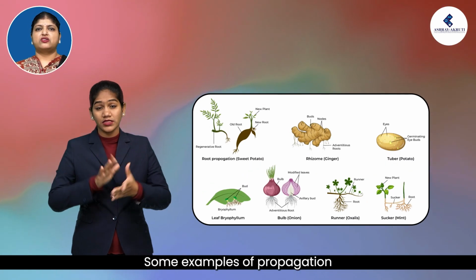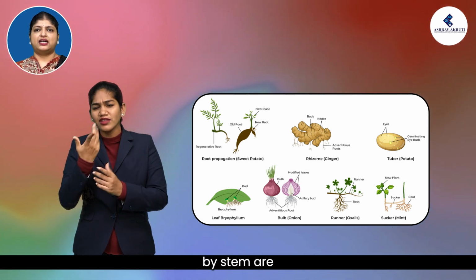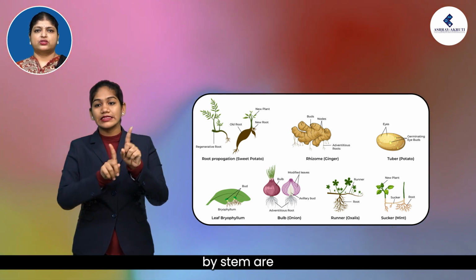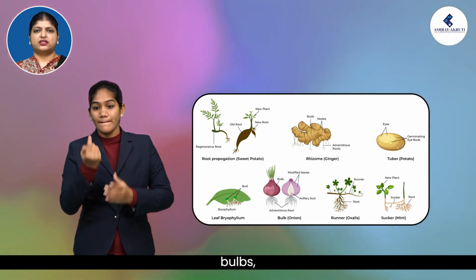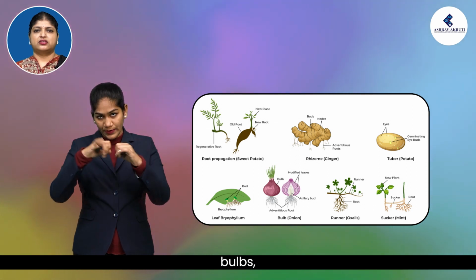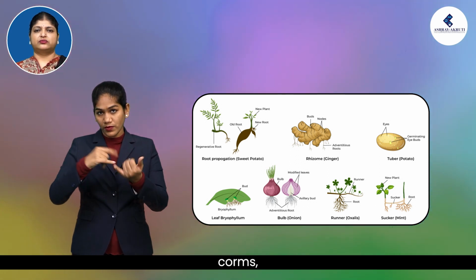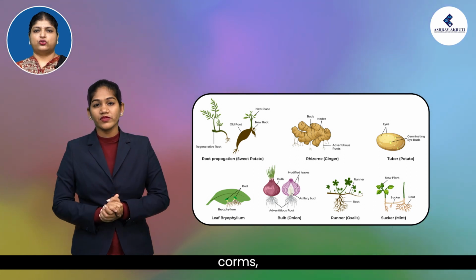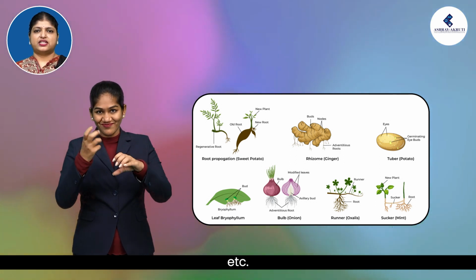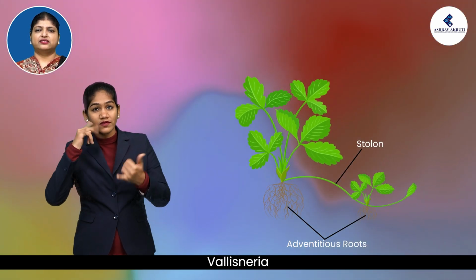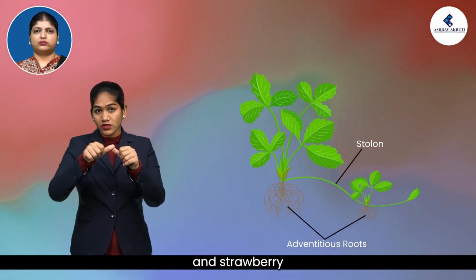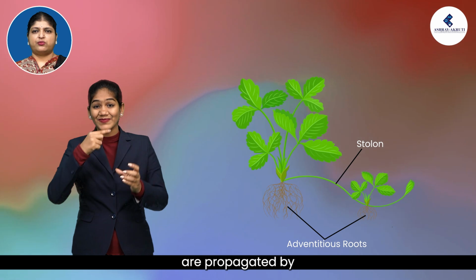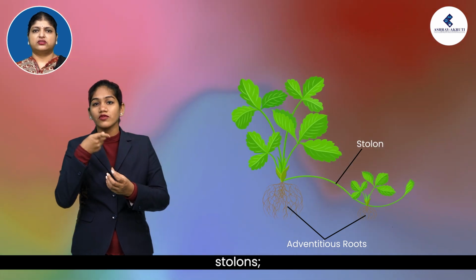Some examples of propagation by stem are stolons, bulbs, corms, tuber, etc. Vallisneria and strawberry are propagated by stolons.